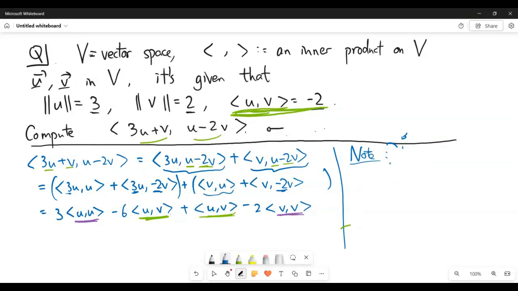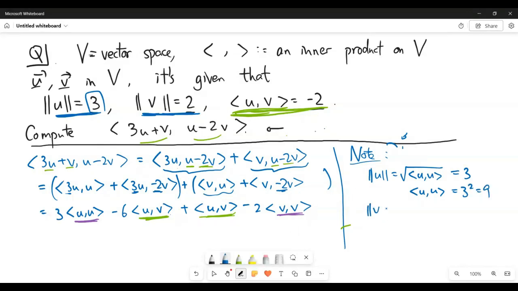Now I put a note on the right side of this board. Please recall that there is some information we haven't used at all up to now. The norm of U, by the formula, is the square root of the inner product of U with itself, and it is given that it equals 3. When you square both sides, the inner product of U with itself is 3 squared, which is 9.